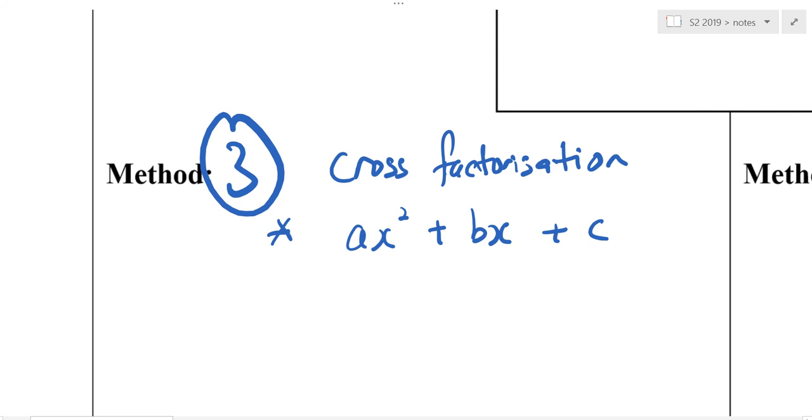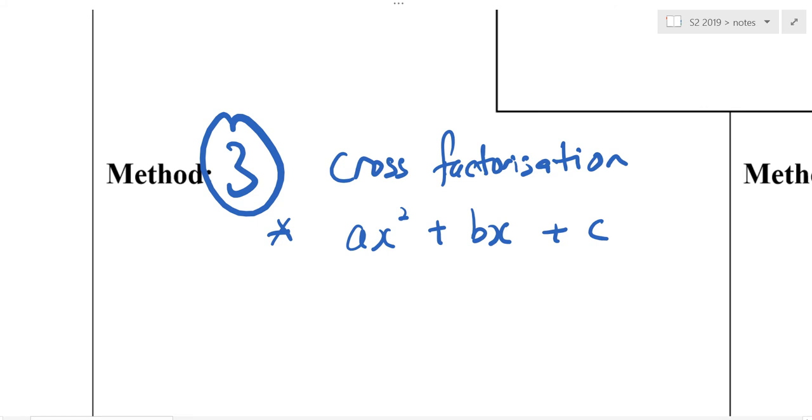Now, it looks horrible because it's all alphabet. But what I want to describe about the pattern is this. Orlando, stand up. You will see some x squared, you will see some x, you will see some number. Then you know it's cross factorization.